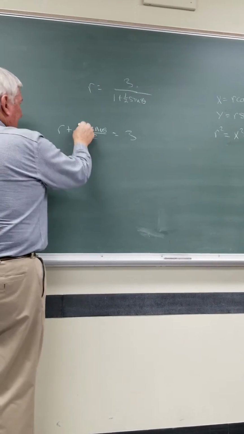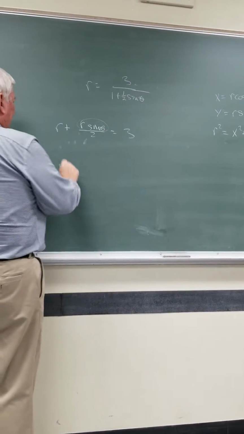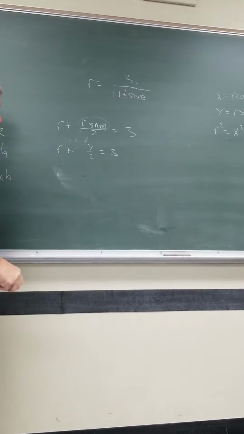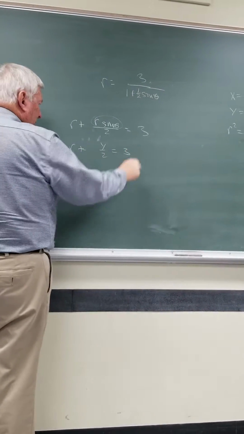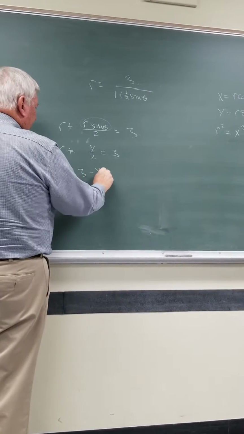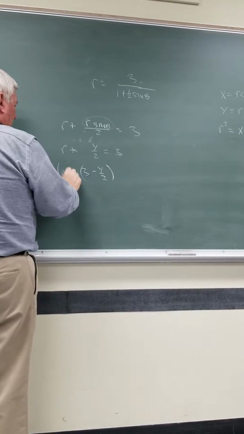So I can replace this with y. R plus y over 2 equals 3. Subtract y over 2 from both sides. R is equal to 3 minus y over 2. And now square both sides.